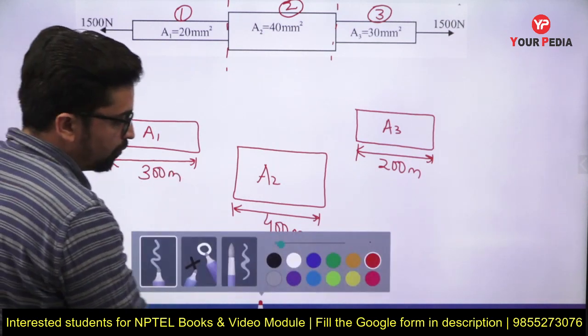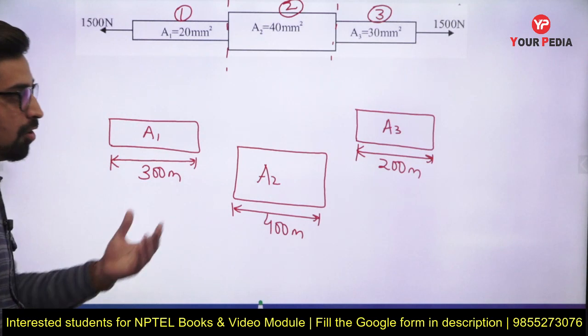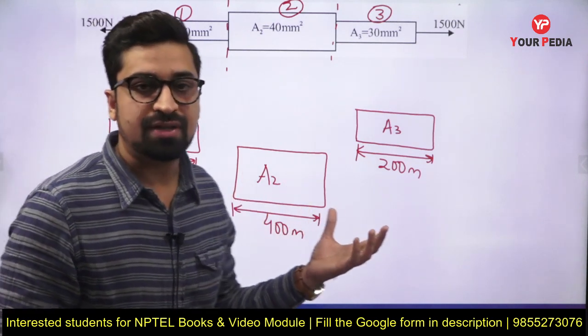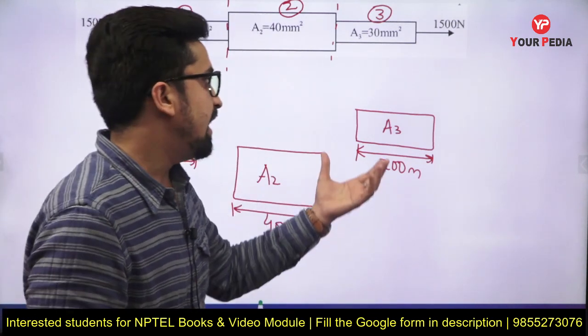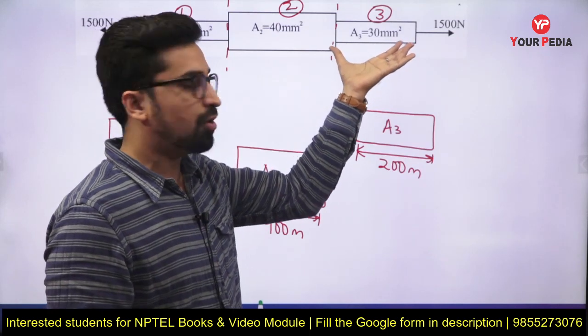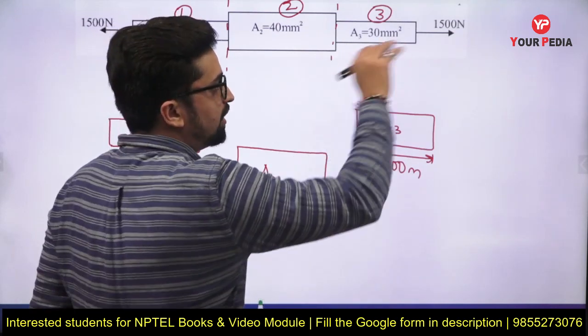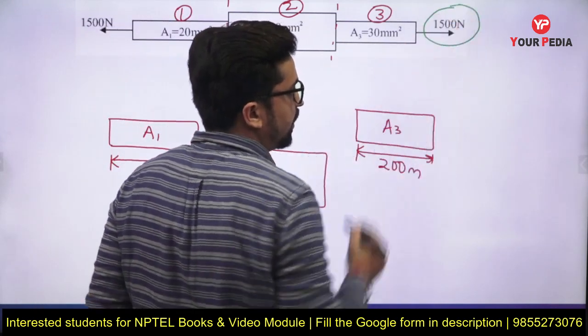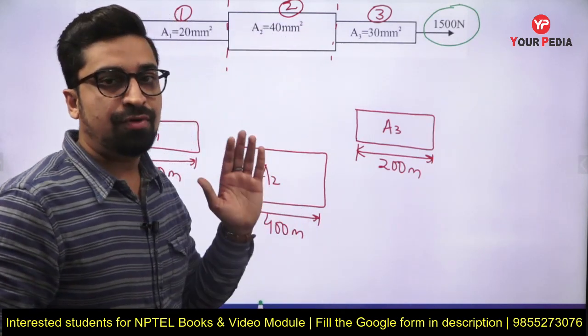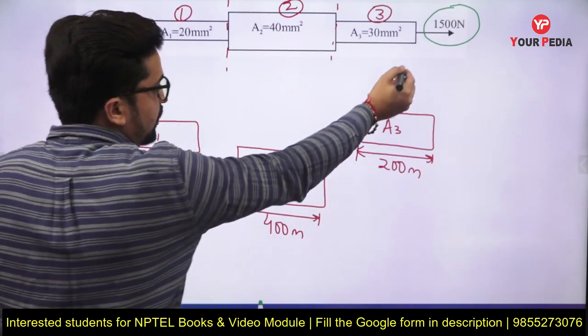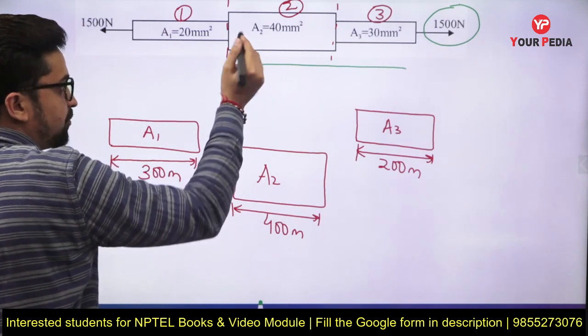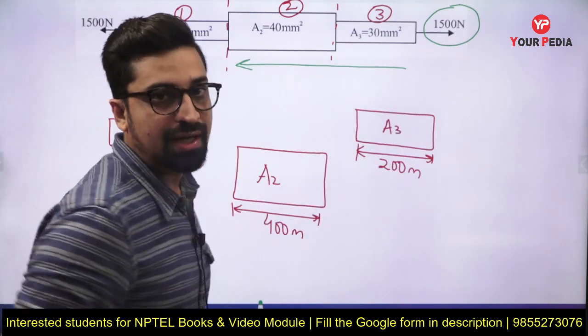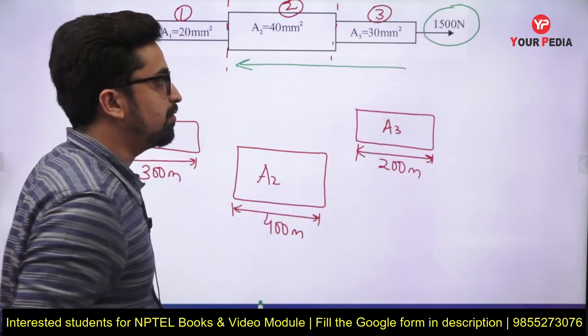Now let us show what will be the forces coming on these three different sections of the bar. As you can see, in the A3 or third bar, there is only one tensile force, which is 1500 Newton. We will be going from this direction and considering forces on the right hand side of these bars.